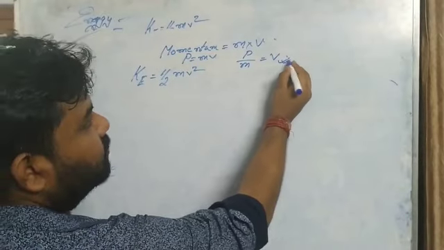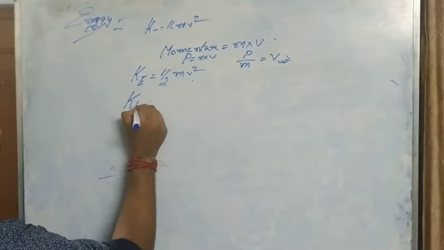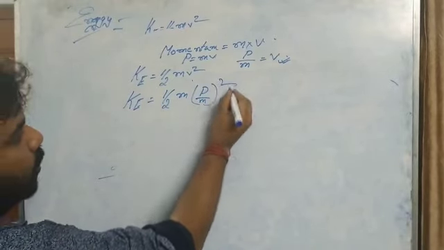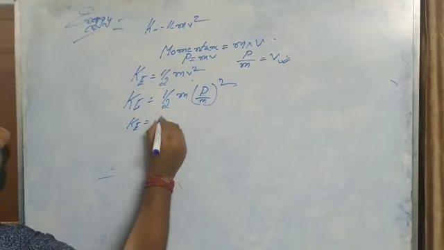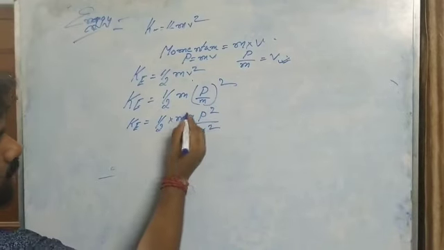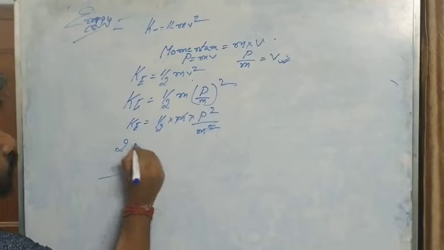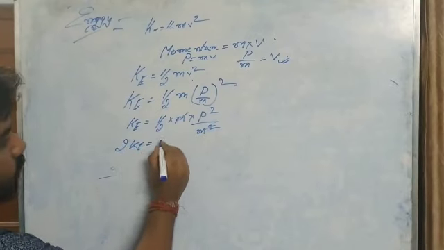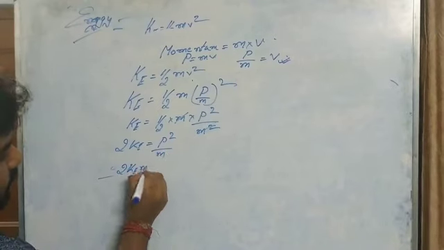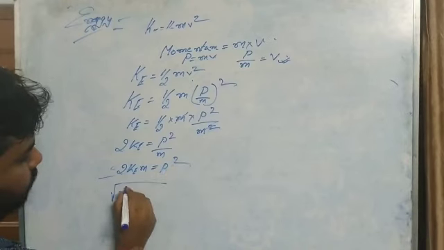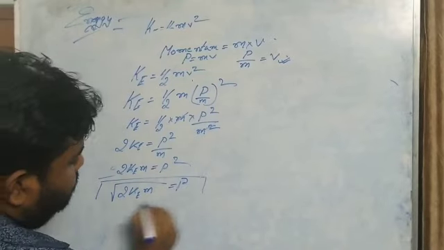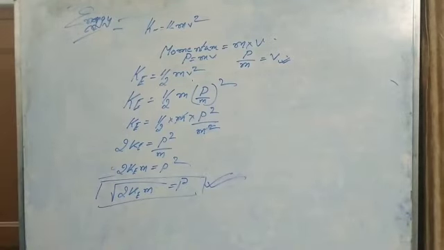Now we will substitute the value of v here. That is KE equals half m into (p by m) whole square. That is KE equals half into m into p square by m square. We cancel out m. Therefore, 2 KE equals p square by m, or 2 KE m equals p square, or root over 2 KE into m equals p. So this is the relationship between momentum and kinetic energy.